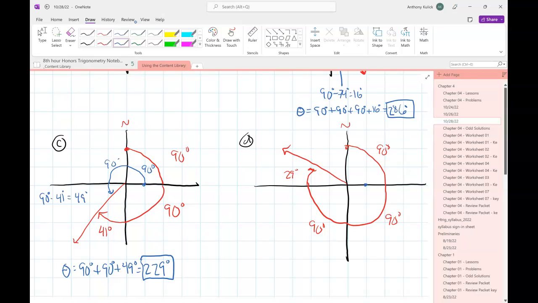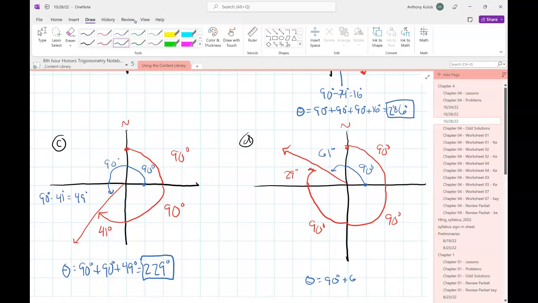And then my standard position is 90, and then that much more. How much is that much? 61.